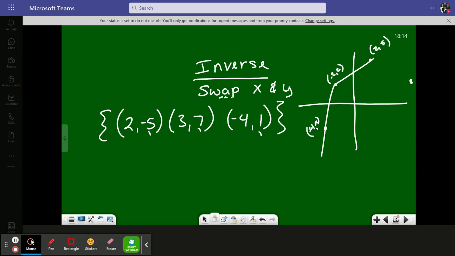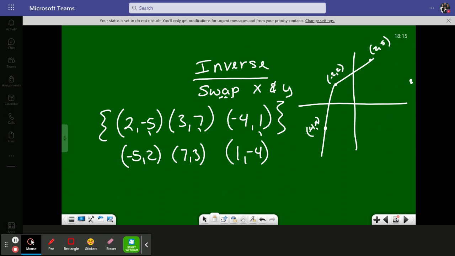That's it. If I have 2, -5, my inverse is going to be -5, 2. Notice I didn't change anybody's signs, right? Just swap their place. 3, 7 is going to be 7, 3, and -4, 1 is going to be 1, -4, right? So when I'm asking for an inverse function on a set of coordinates, all you're doing is swapping.